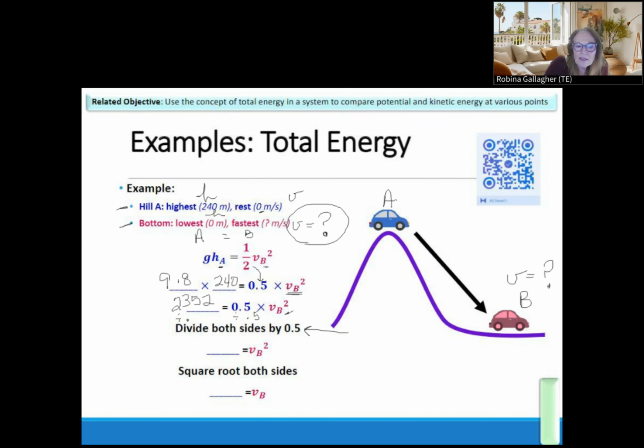So somebody tell me, what's 2,352 divided by 0.5? Excellent. 4,704. Now, it says square root. Dang it, guys. I have to get rid of this exponent, and the way I get rid of the exponent is by using the square root.